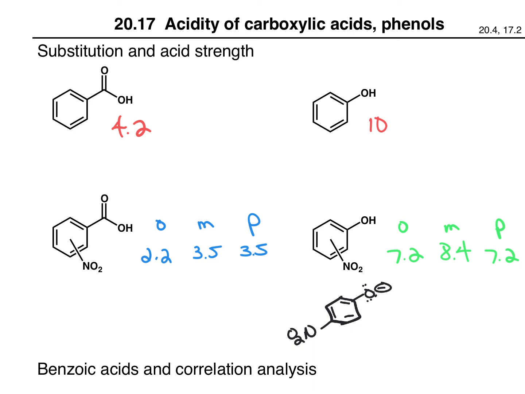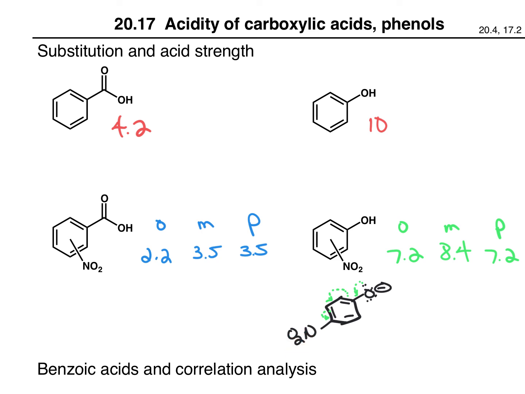When we look at the conjugate base, the phenoxide ion, well, we can draw a resonance structure that puts these electrons right on the carbon that is connected to the nitro group. And so that gives us a negative charge here right next to the electron withdrawing nitro group.